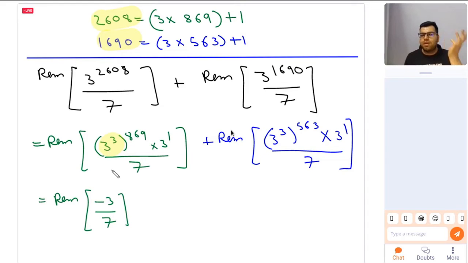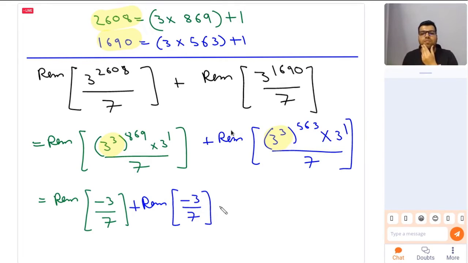So minus 1 raised to power odd is minus 1. Minus 1 into 3 is minus 3. By now we have become experts. Remainder of, in at least the calculation, remainder of again 3 cube. 3 cube 27. 27 is minus 1. Remainder of 27 with 7 is minus 1. Minus 1 raised to power 563. Minus 1 raised to power odd is minus 1. So this is again minus 3 by 7. Minus 1 into 3 is minus 3 by 7.